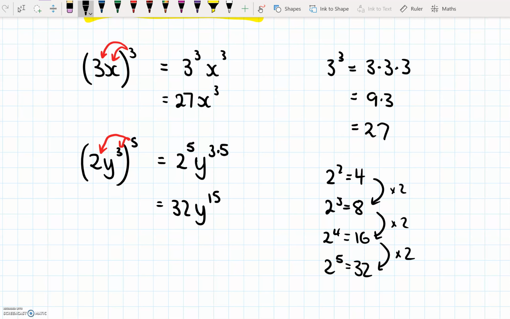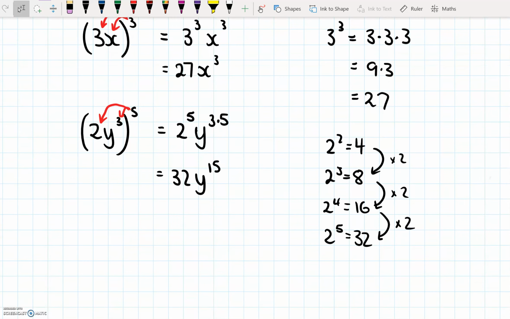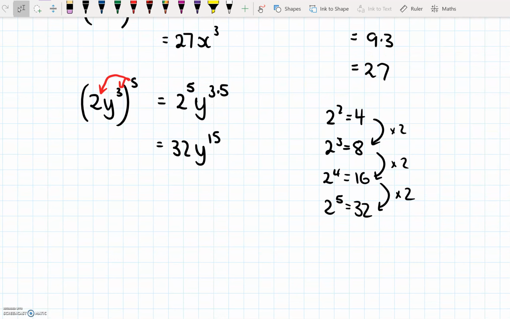Now don't forget, sometimes you can also have multiple letters inside, so we might have something like (4x squared y cubed) squared. In this case you're going to have to apply that 2 to all 3 things inside.